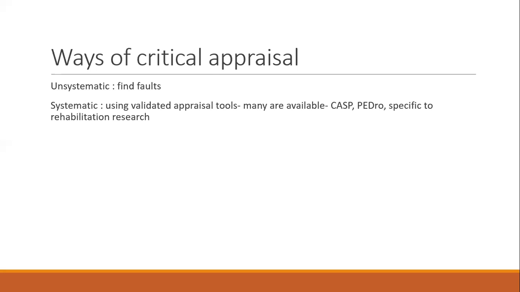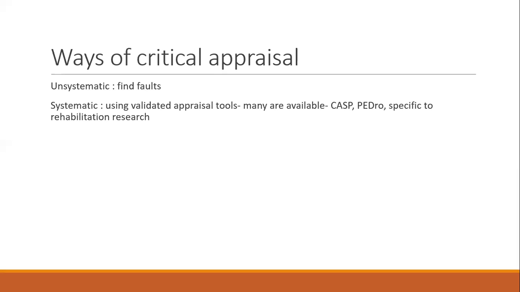So there is one called Critical Appraisal Skills Program, or CASP. You can enter that website anytime, and they have a number of appraisal tools for all kinds of studies. They have a qualitative one, they have one for cohort studies, they have one for this, one for that. There are many tools.